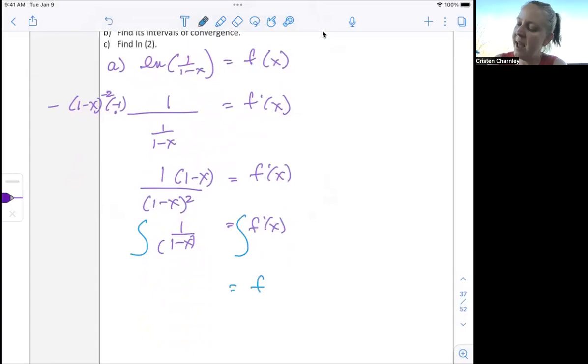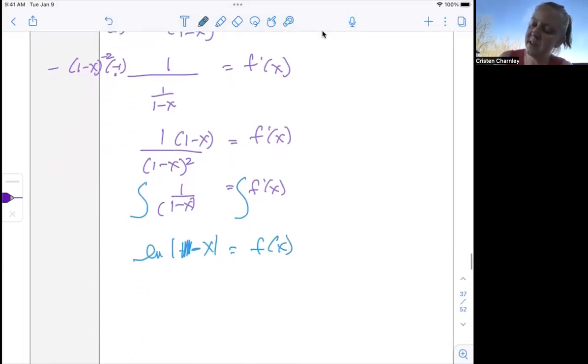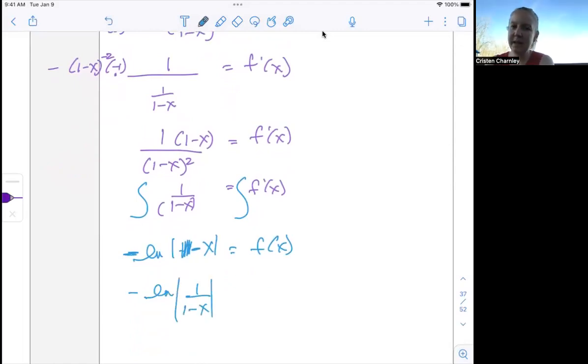Then I'm back at f of x is equal to natural log of 1 minus x. And there's a negative in the front because I have to divide by negative 1. So if there's a negative in the front, that's really 1 over, because it's a negative 1 exponent, 1 over 1 minus x. Now, I've totally neglected that series piece.